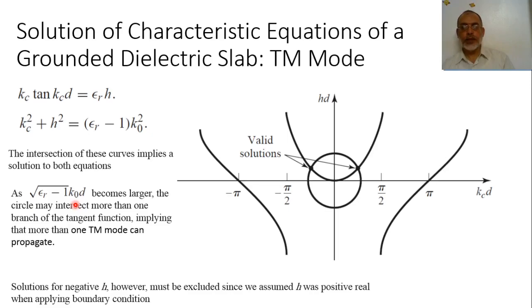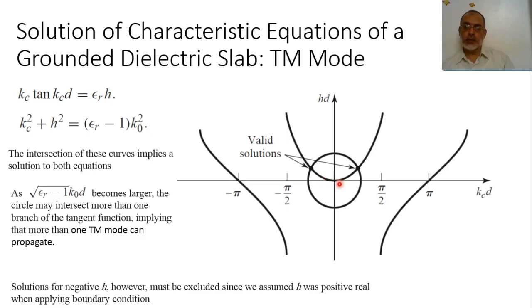It can be noted here that at any value of K naught d, we have an intersection point.